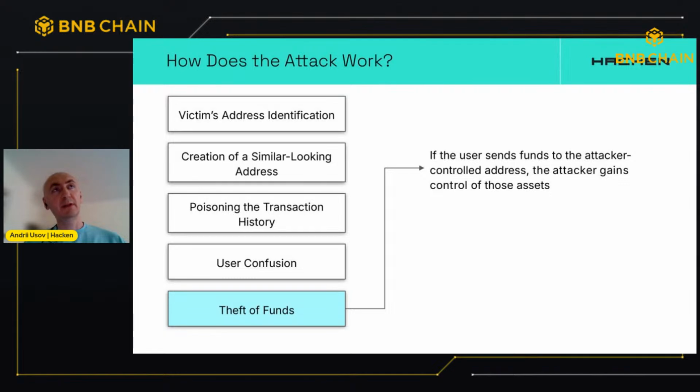So the logic is pretty simple, based on the amount of transactions, and very difficult to track.